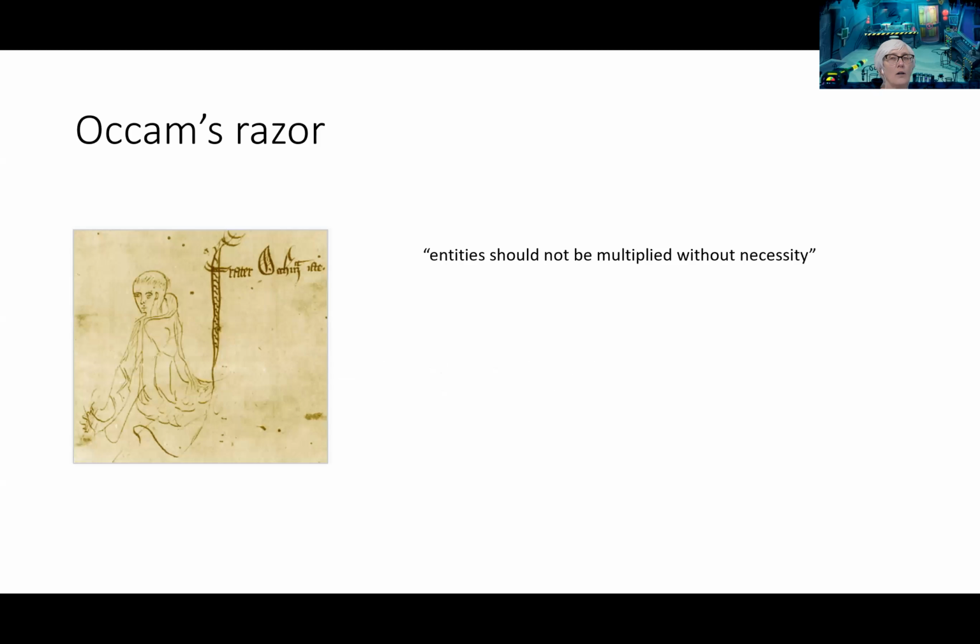The first piece of evidence, but it's not really evidence for monoclonality in tumors, is Occam's razor. Occam's razor says, and I quote, "Entities should not be multiplied without necessity." That's a fancy way of saying that the simplest explanation is usually the right one.